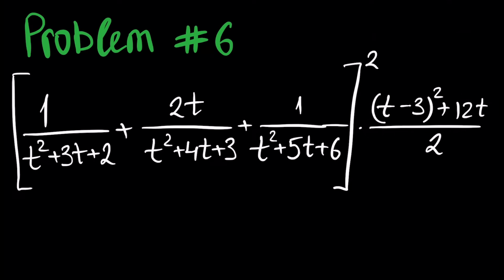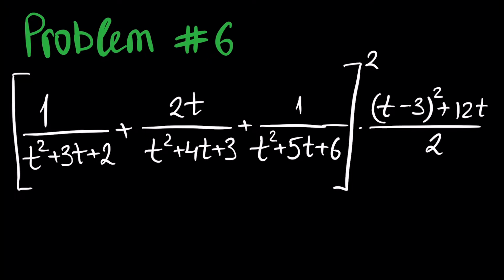In this tutorial, we are going to solve problem number 6, an easy algebraic problem. We have to simplify our complicated expression and transform it into a simple algebraic expression.